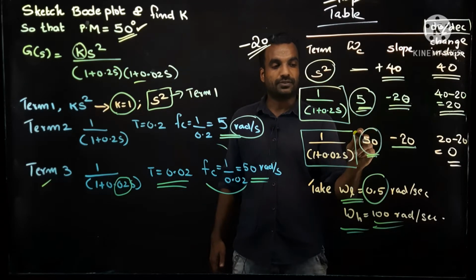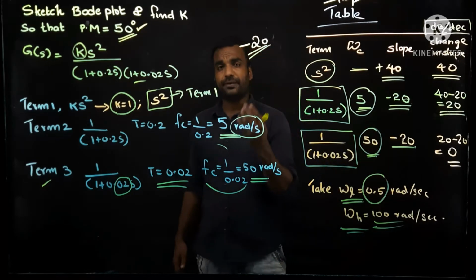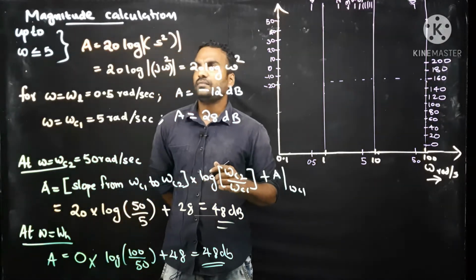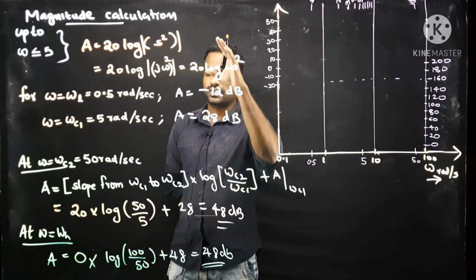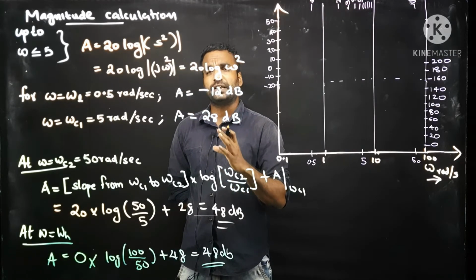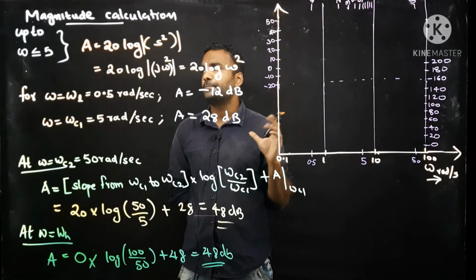Then for the next corner frequency, then omega L, omega H, we have to calculate 4 magnitudes. So I have written the calculations of the magnitude plot.